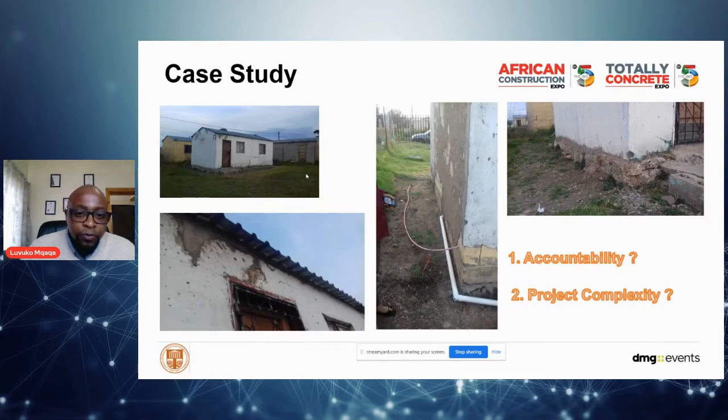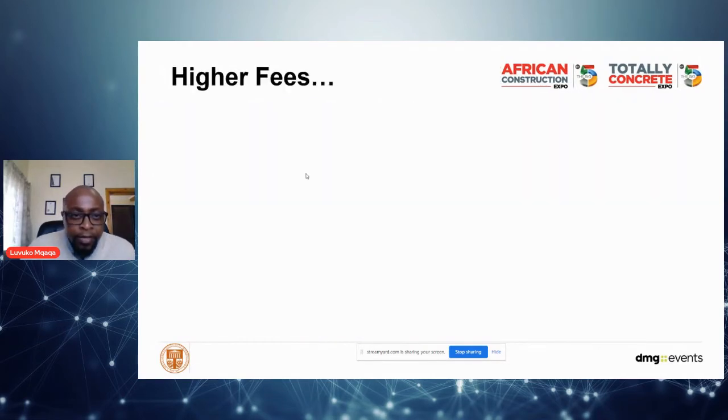My second question would be, have the project complexity factors been met in this project? Have they been considered? And where was the designer who was supposed to consider these factors? I'll leave it at that for the Q&A and move along.